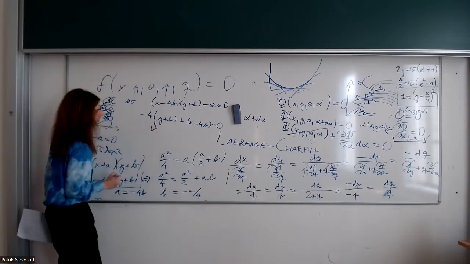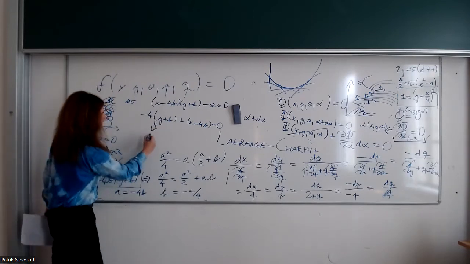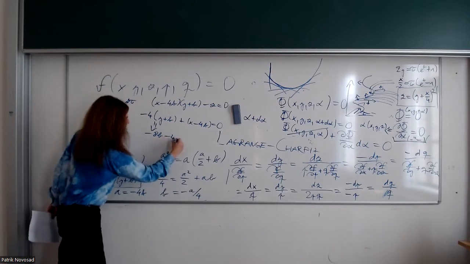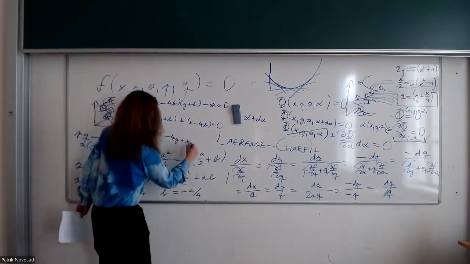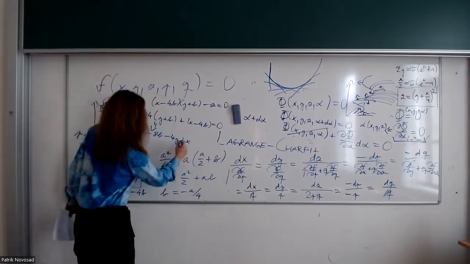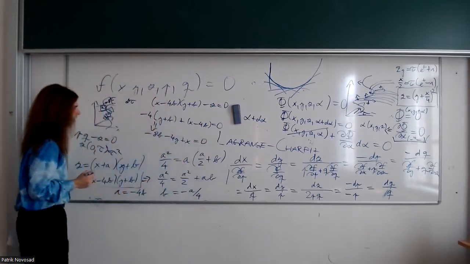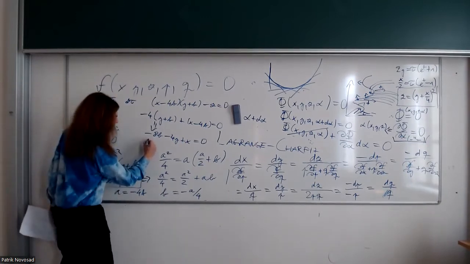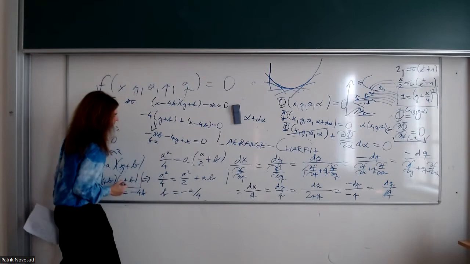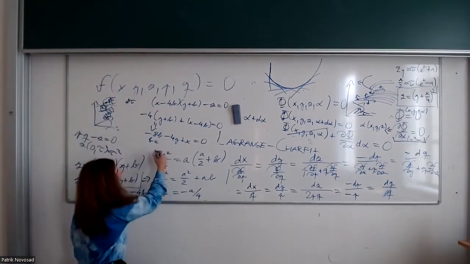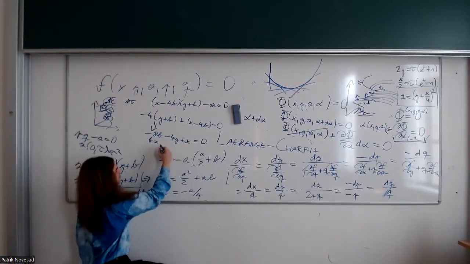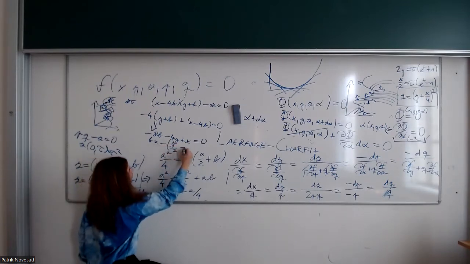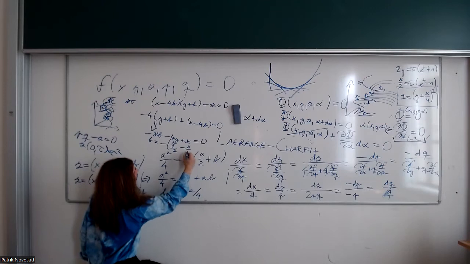So from the second equation, I get that minus 8b minus 4y plus x equals 0, which means that b equals, now I'll put that on the other side, and I get minus y half minus x over 8.